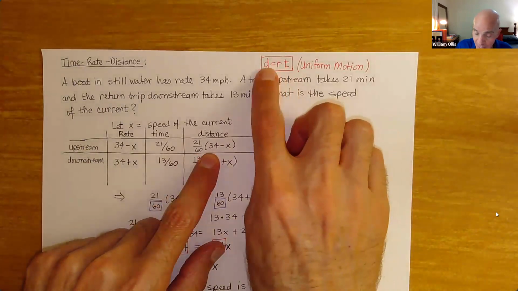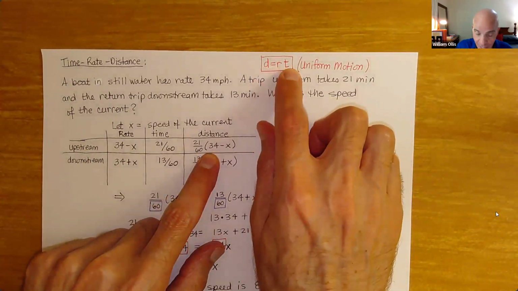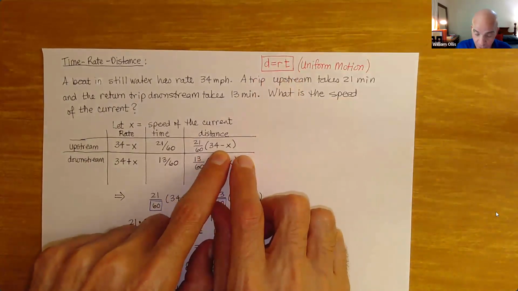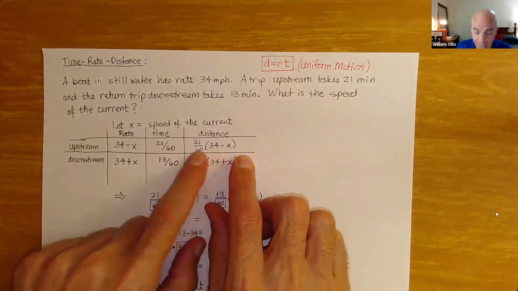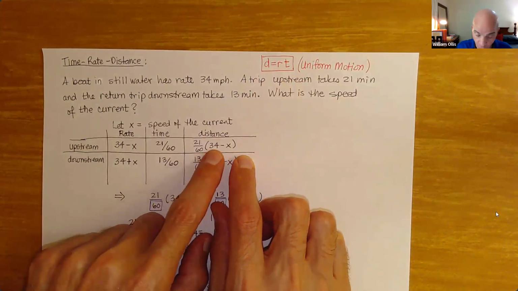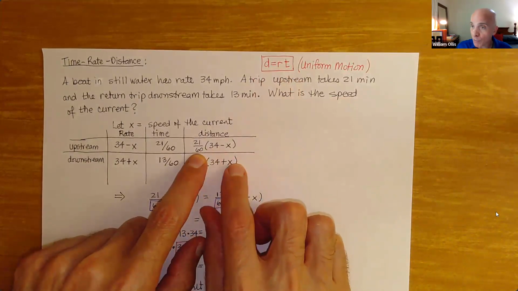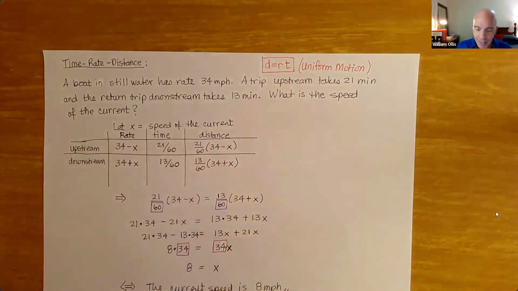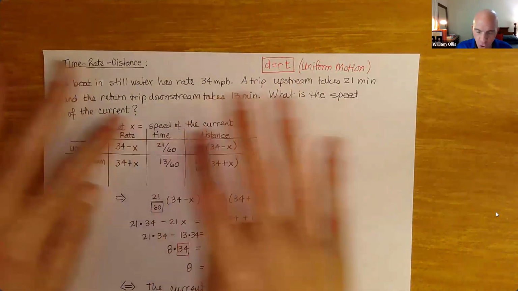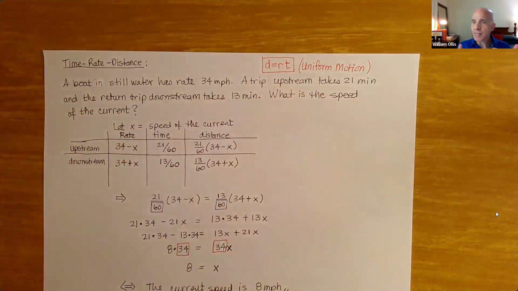Now, our formula says distance equals rate times time. So we have, in this case, the rate, which is 34 minus X, times the actual time, which is 21 over 60. Now, again, this chart simply serves as a mechanism to organize your work.